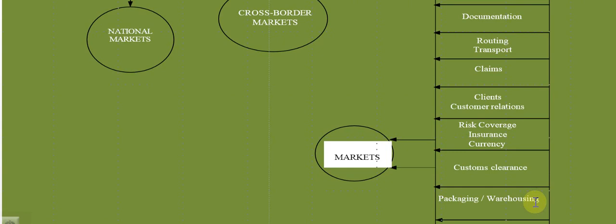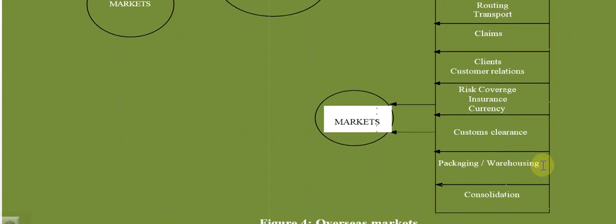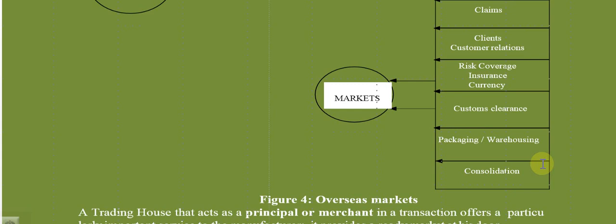And packing and warehouse too, and consolidation. Packing and warehouse is packing your product and putting it in a warehouse. Consolidation is putting it in a container, to strengthen it so that it is not hurt during aviation or while it is noisy.